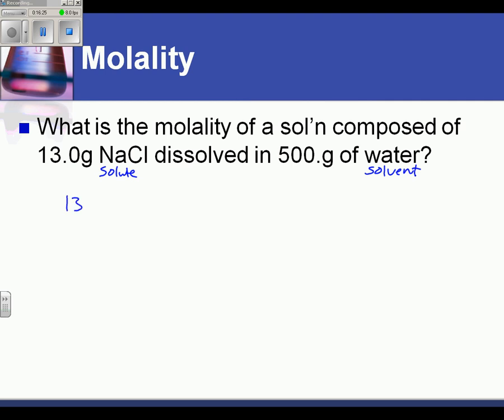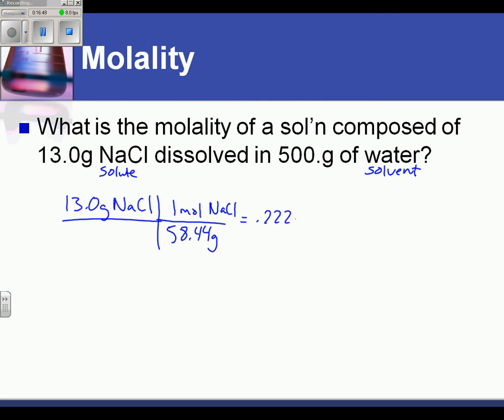So we're going to take our 13 grams of NaCl and convert that into moles. There are 58.44 grams in 1 mole of NaCl. So here we're going to end up with 13 divided by 58.44, 0.222. Again, remembering those sig figs, that's our moles of solute.